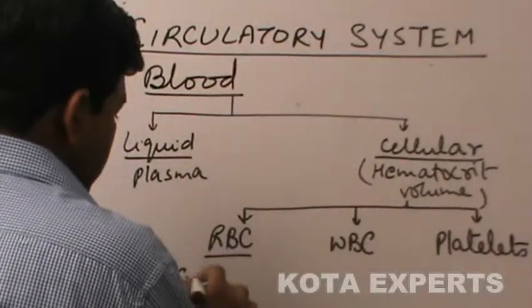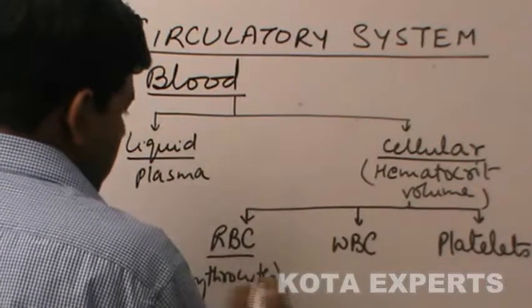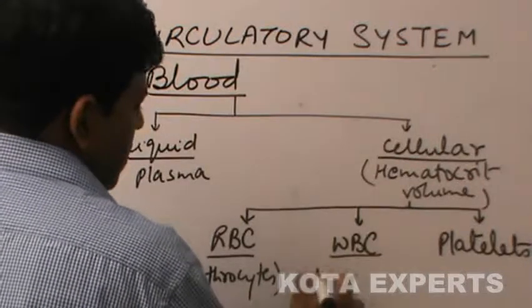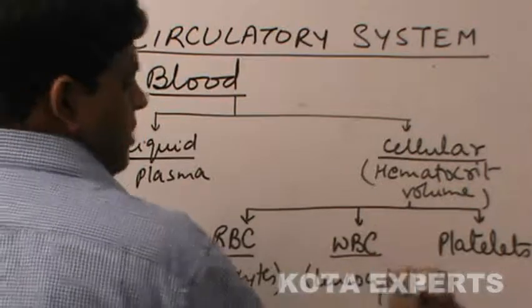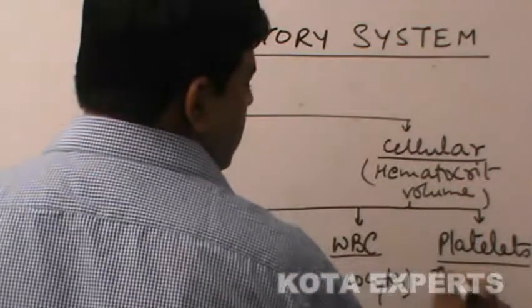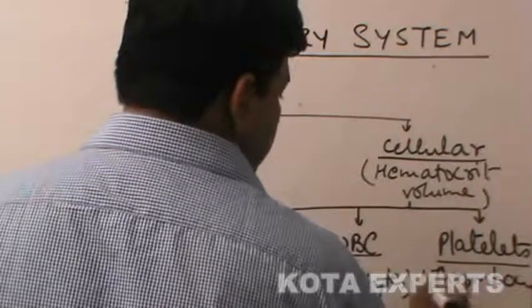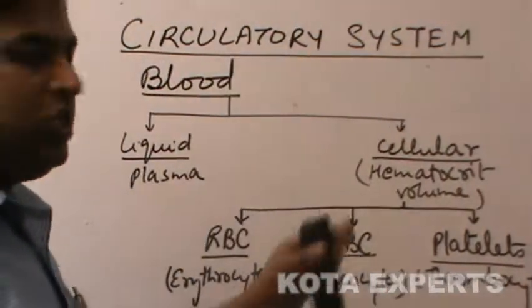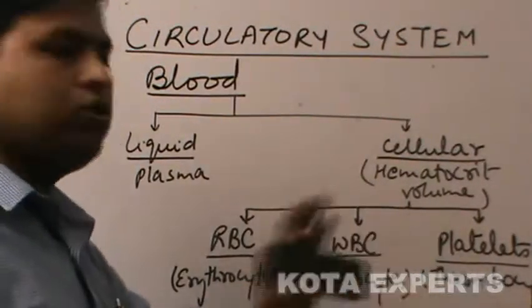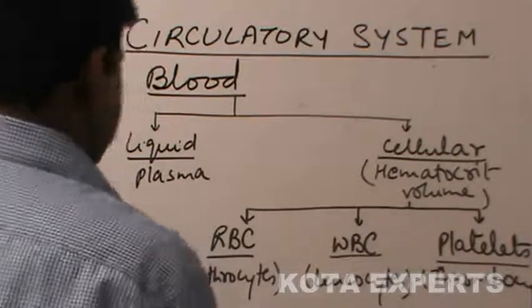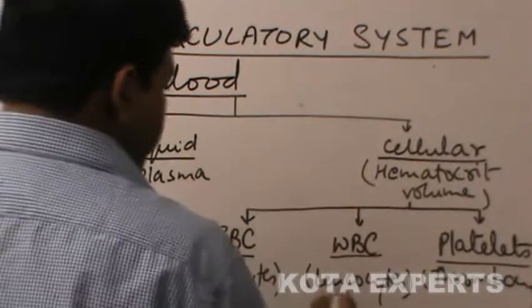RBCs are erythrocytes, WBCs are leukocytes and platelets are thrombocytes.